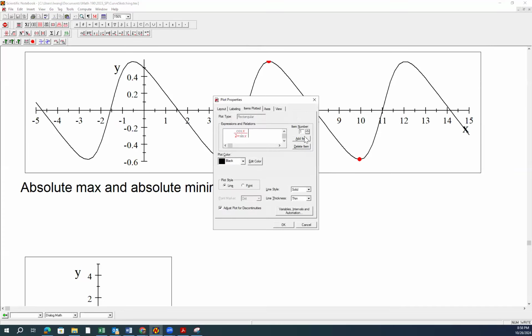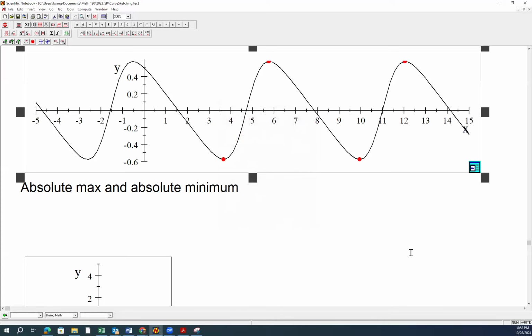And max, if I add another 2 pi to the input, I will get another max. And if I subtract 2 pi, I will get to here. And I just keep moving.